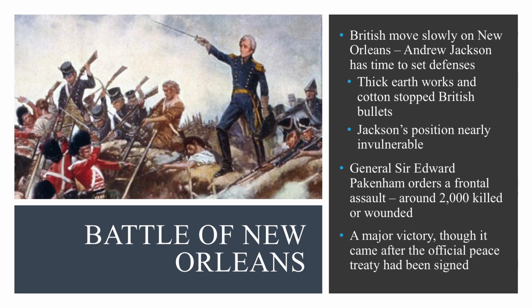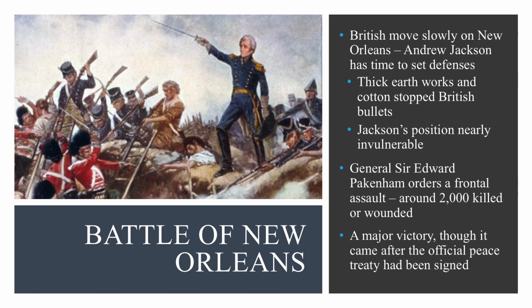The most notable United States victory in the War of 1812 was at the Battle of New Orleans. The British advanced slowly on New Orleans. This gave Andrew Jackson time to set the defenses. He was able to create thick earthworks that had cotton bales reinforcing it, which stopped British bullets and made the position nearly invulnerable.